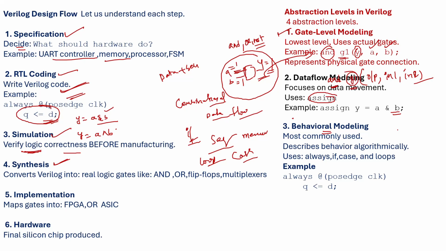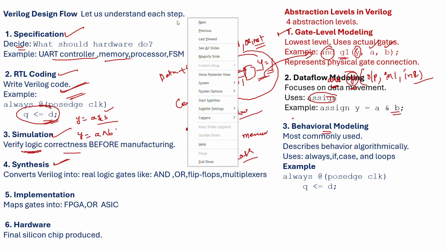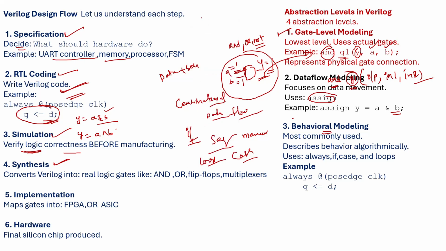See, gate level modeling is used if you are implementing gates. Suppose I'm designing a full adder by using two half adders. This is my half adder, with one XOR gate and another AND gate. A, B are the two inputs.